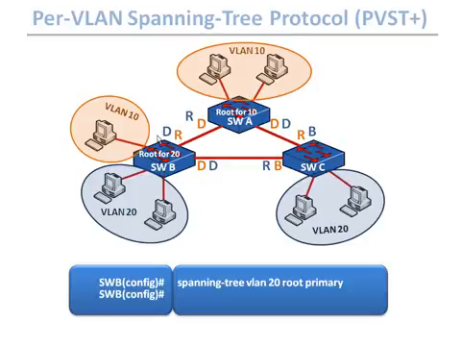So now we have two spanning tree instances running on the same topology for the two VLANs, and switch A is the root bridge for VLAN 10, but switch B is the root bridge for VLAN 20. And if we want to make switch B the backup for VLAN 10, that's easy too. All we have to do is, in global configuration mode, type spanning-tree vlan 10 root secondary.